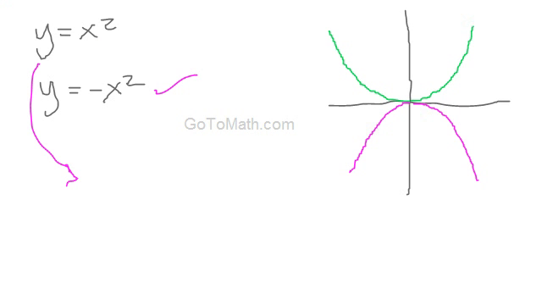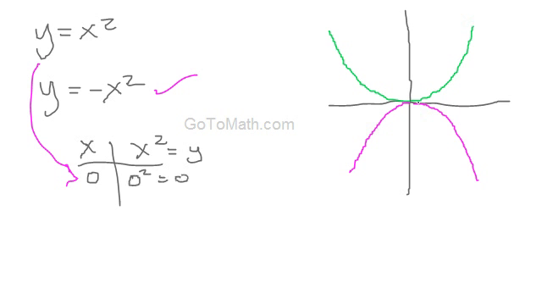Okay, and of course we can draw a table. And of course that's y is equal to x squared there. So plug 0 in, and 0 squared is 0, obviously. And so as you can see here, that's going to be the point right here at the origin.